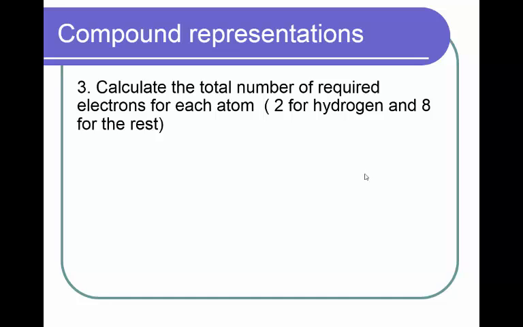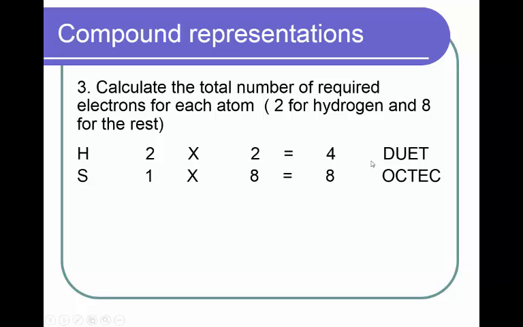So we would consider 2 for hydrogen and 8 for the rest. For hydrogen we have 2 hydrogens, but every hydrogen requires 2 electrons to complete the duet, because it's just requiring 2. So that gives us a total of 4 electrons required for hydrogens.